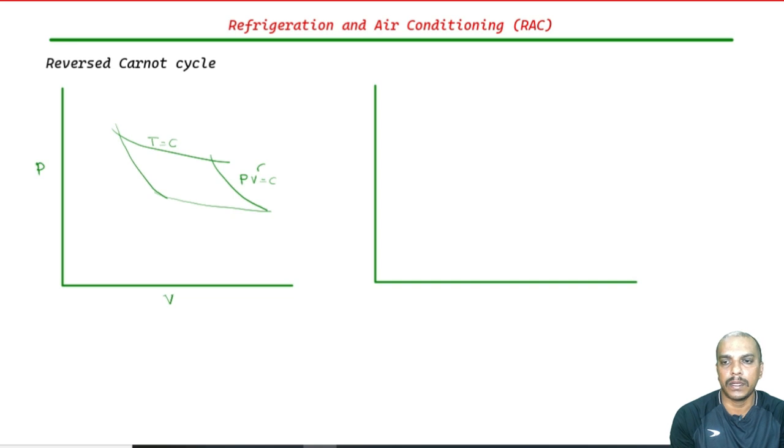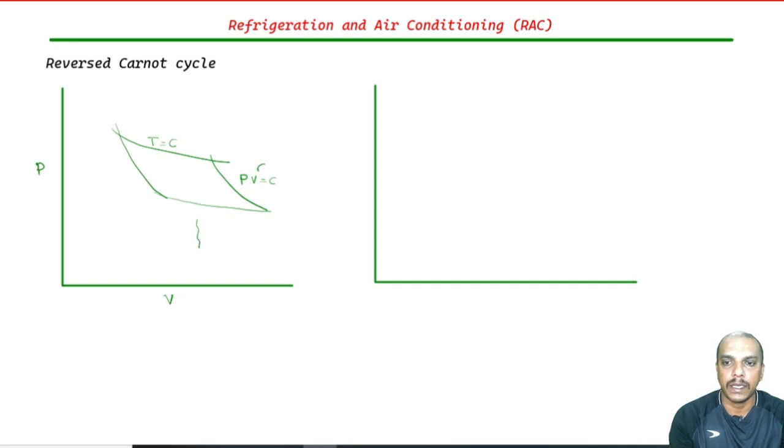If you talk about the Carnot cycle, it will be in the direction of this, that is heat is added here and heat is rejected in the condenser here. The top portion is like the boiler and the bottom portion is like the condenser where heat is rejected, alright. But we are talking about the reversed Carnot cycle. So, we are going to reverse the direction.